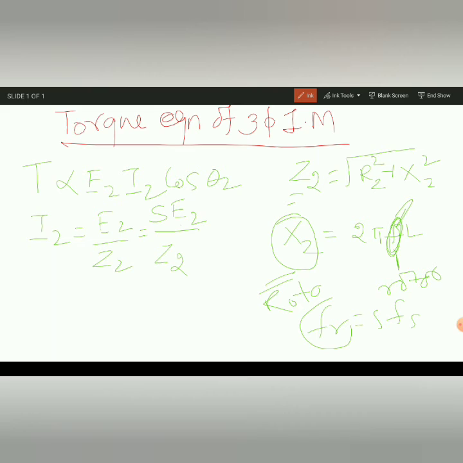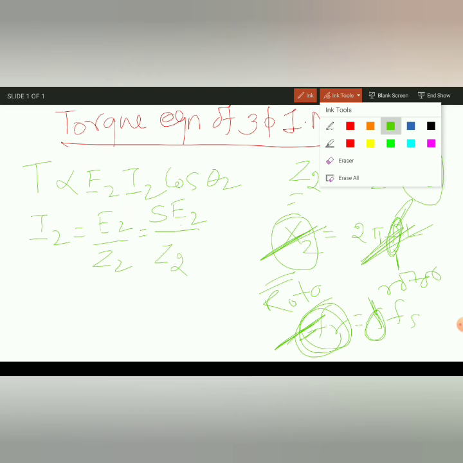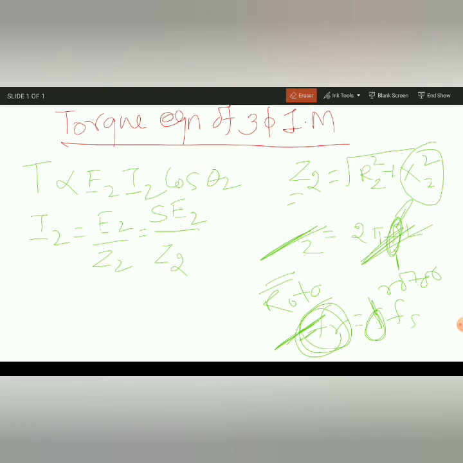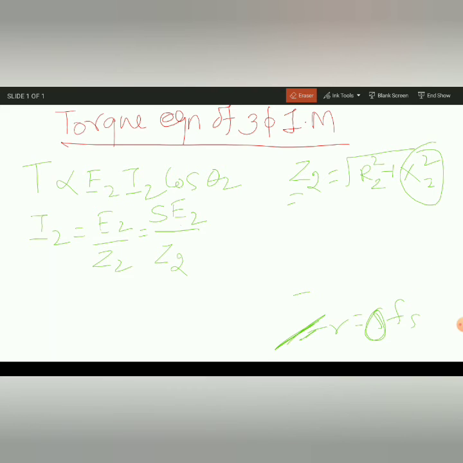So the rotor frequency depends on slip, and if the slip changes, frequency changes. If frequency changes, reactance changes. So we can't simply write X2, it will be slip multiplied by X2.